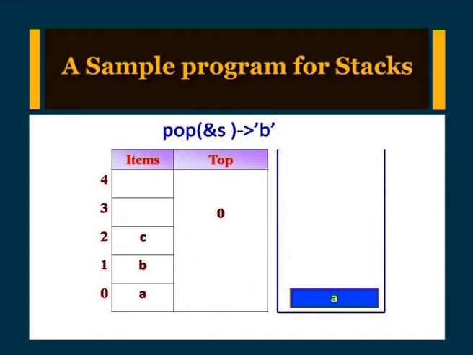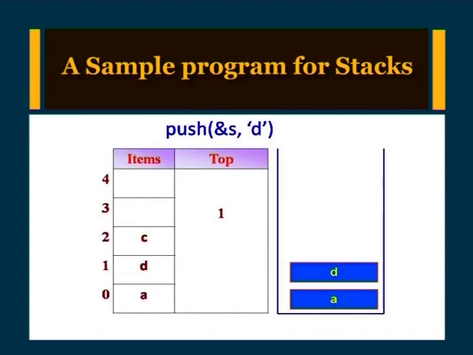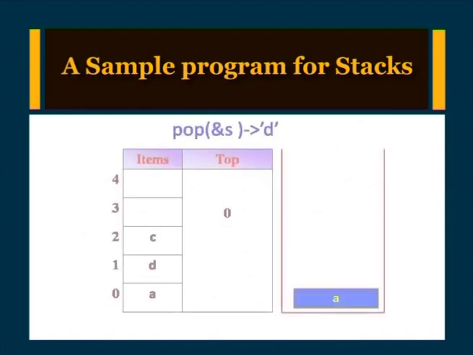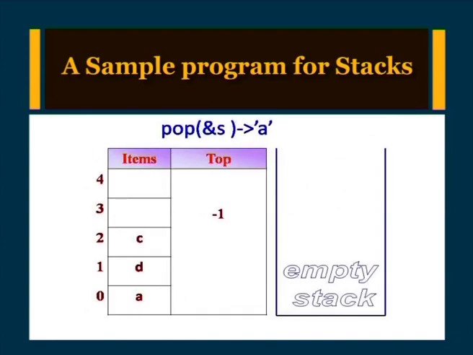In the array implementation of stacks, the value of top is manipulated instead of physical removal of values from the array. After the next push operation, element D is added to the stack and top becomes 1. After the next two pop operations, the top is set to -1 and the stack becomes empty.